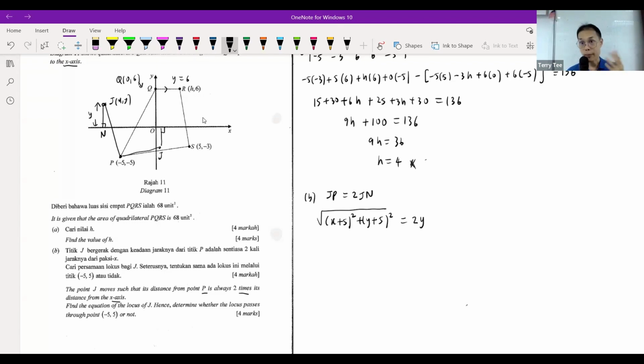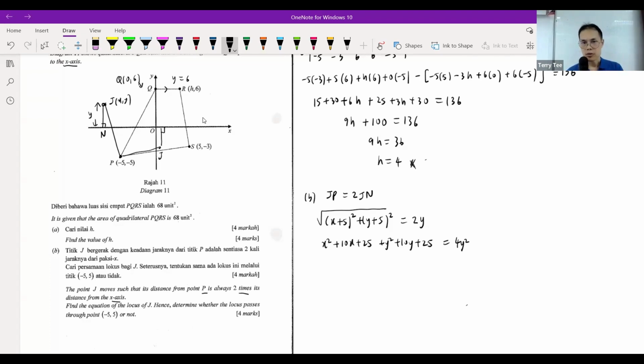Now, next, we can square both sides. When we square the left and expand the bracket, you get x squared plus 10x plus 25, y squared plus 10y plus 25. You square the y, 2 squared is 4, and then this is y squared. From here on, you can just bring the 4y squared to the left-hand side.